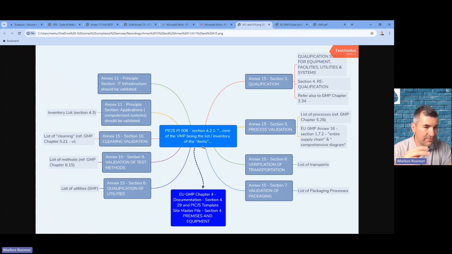If you say list of cleaning, it's also written in GMP chapter 5.21. And the second clause for operational stuff, organizational lists. So you will find that all of those things in GMP make much sense to have a good overview of the things that you are doing and that you find out to do the right things. Yeah, that's maybe also important.